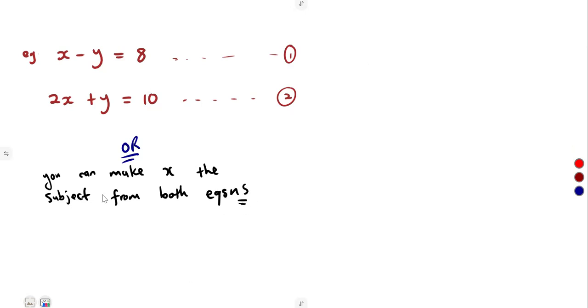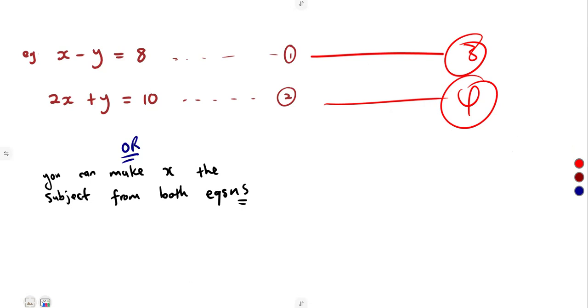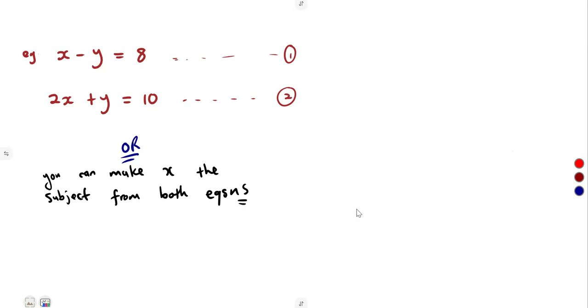You make x the subject, meaning to say from equation 1, equation 2. If you make x the subject here, you're going to have equation 3. And here you're going to have equation 4. So you'll be having equation 3 and 4, where x is the subject in those equations.